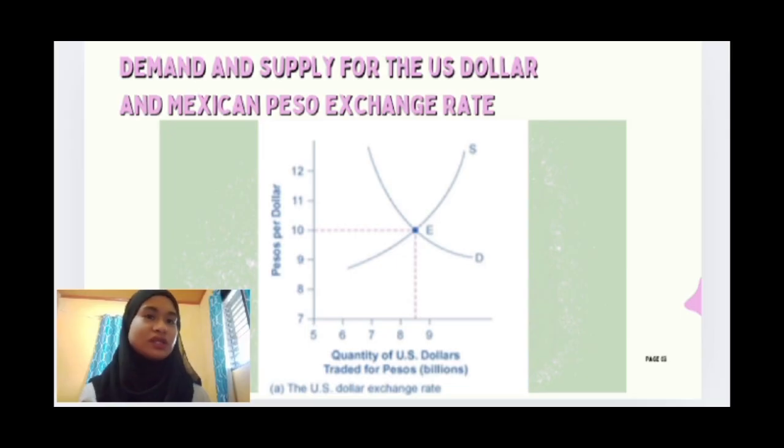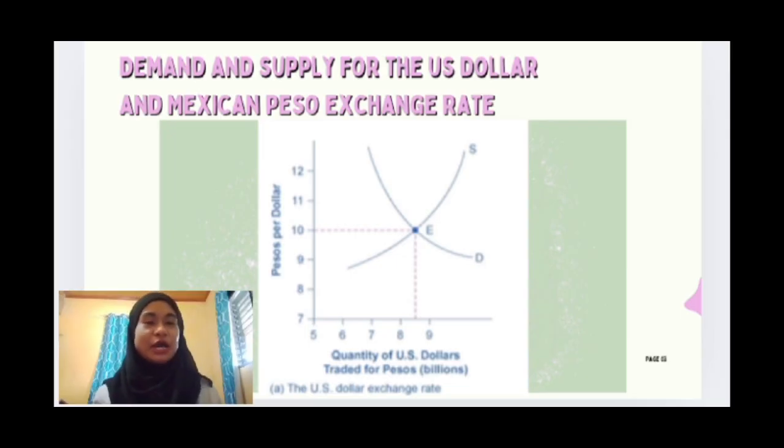The demand curve for US dollars intersects with the supply curve at a point of equilibrium. In this example, the exchange rate is 10 pesos per dollar and the daily trading volume is 8.5 billion US dollars.